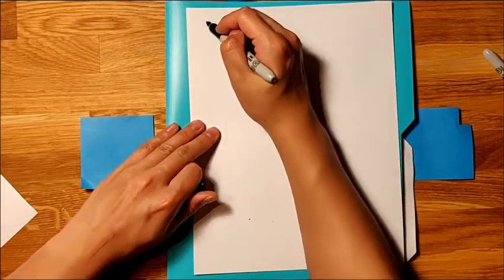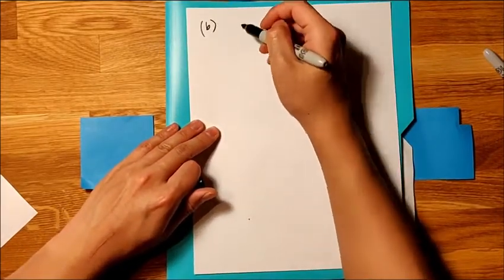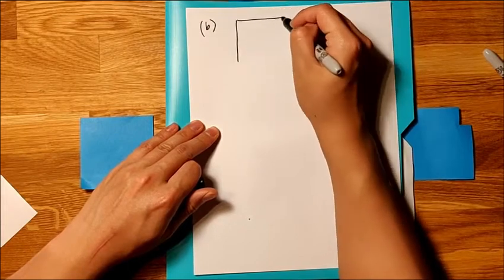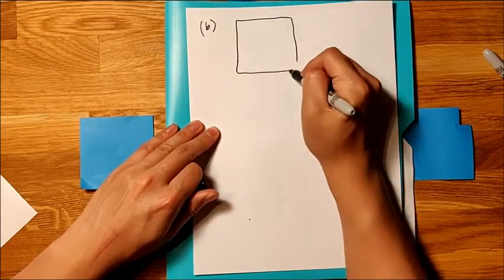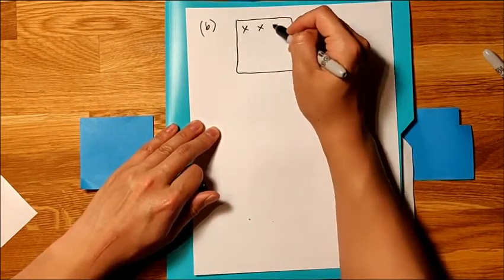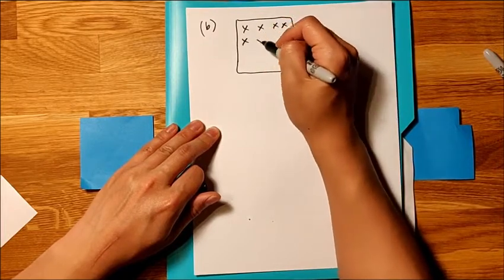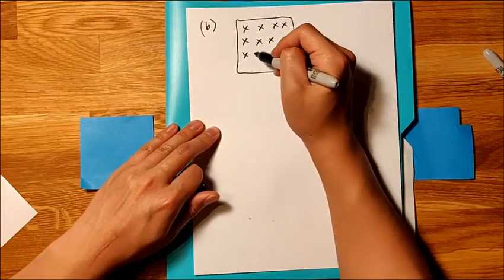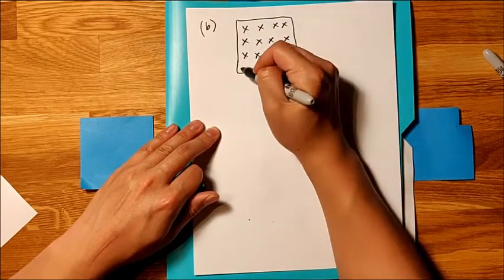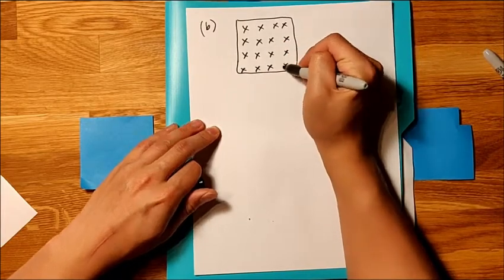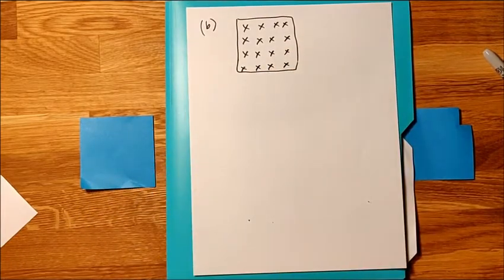So going back to part B, I'm just going to draw the diagram again to help you guys get a better idea. So we have a B field going into the paper. And then it's saying as it's moving in the magnetic field.